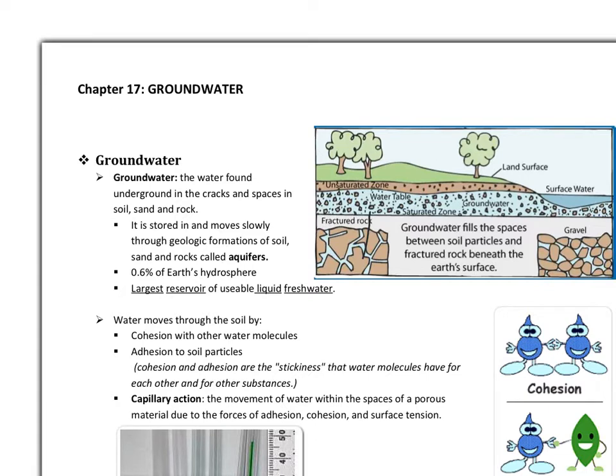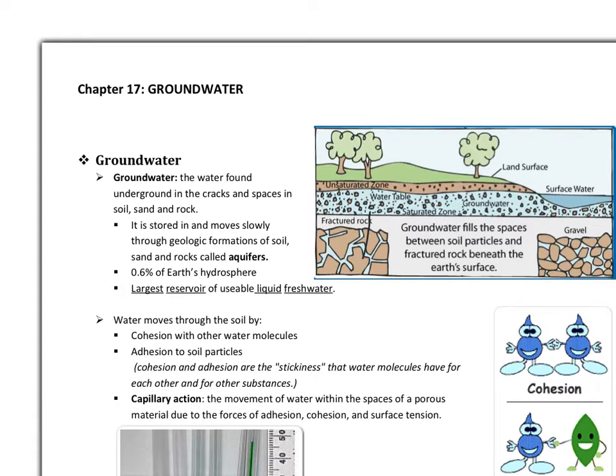So right off the top, you need to fill in the definition for groundwater. Again, water found underground in the cracks and spaces in soil, sand, and rock. Now, this is the storage area, or if you recall in the previous chapters, we use the word reservoir. So this is going to be the largest reservoir of usable liquid freshwater.